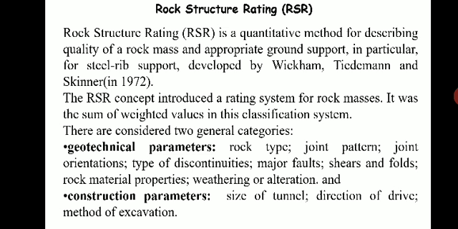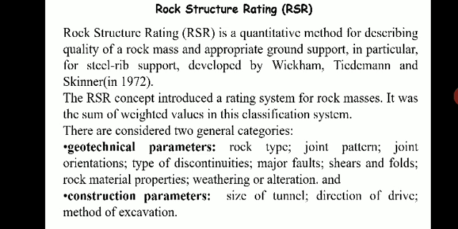So what are the geotechnical parameters? What type of rock it is, what is the pattern of jointing in the rock, whether it has a sheet joint, columnar joint, which type of joint it is, then joint orientation, the direction of the joint with respect to the beds, okay, the dip and strike of the joints.